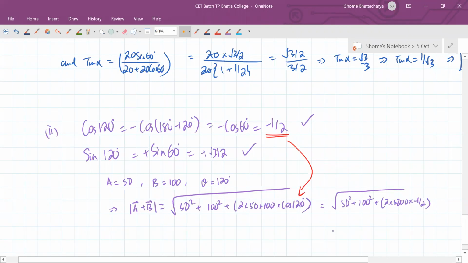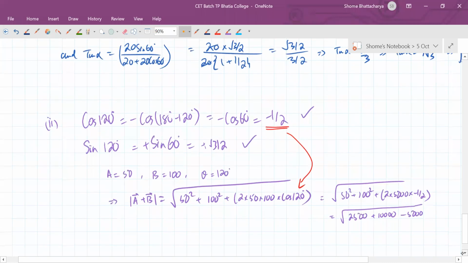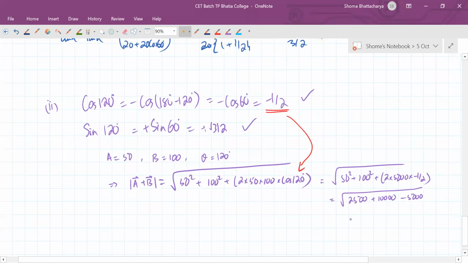Yeah, becomes this. Yes. 10 common, so I have 25 plus 100 minus 50.